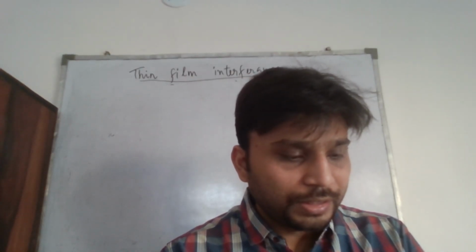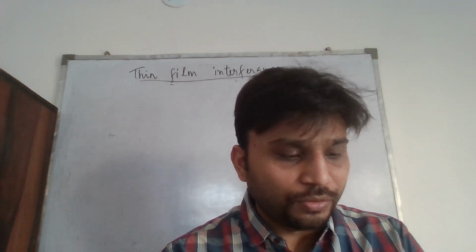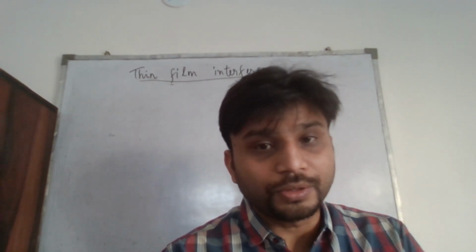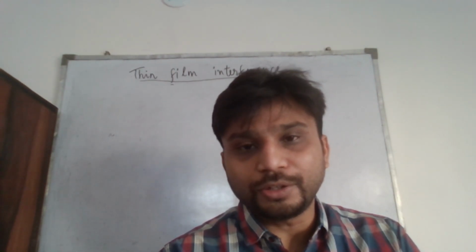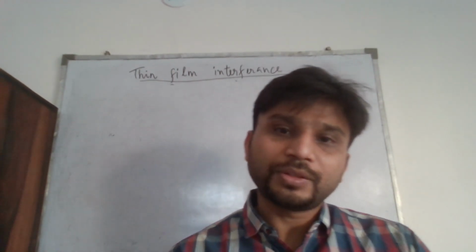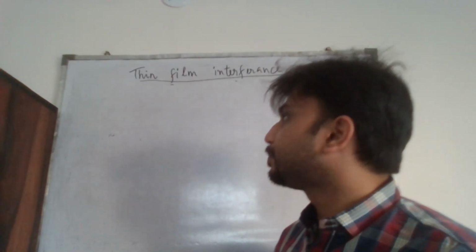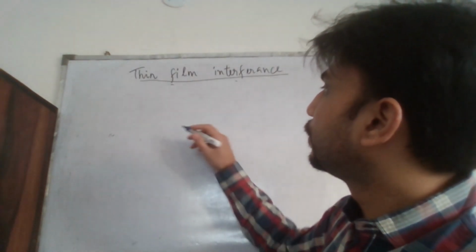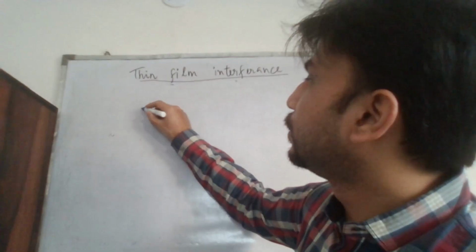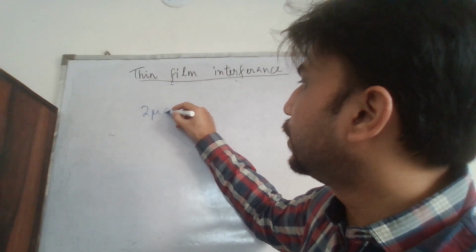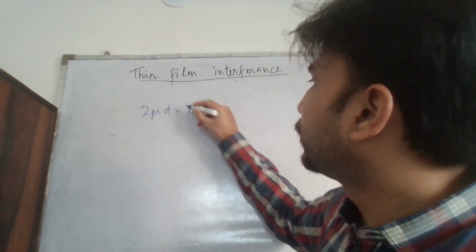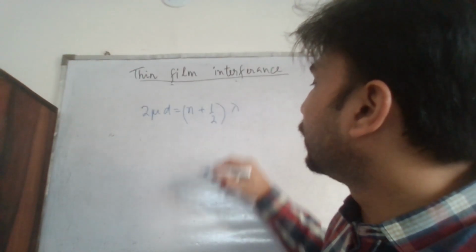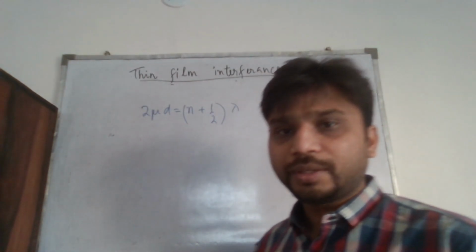At what wavelength is the light reflected by the film brightest to an observer? Brightest means we have to apply the condition of constructive interference. So let's say we know 2 mu t equals n plus half into whatever wavelength we have.